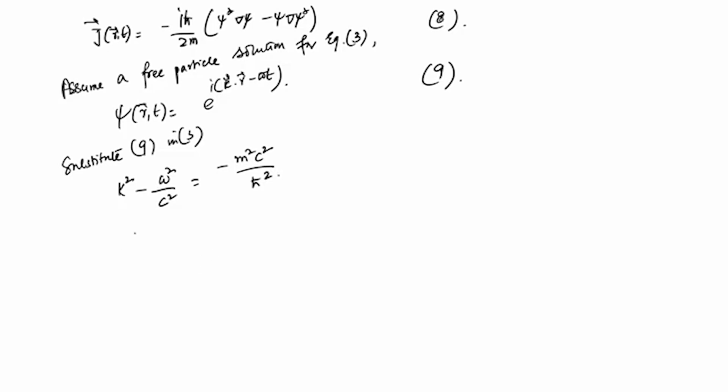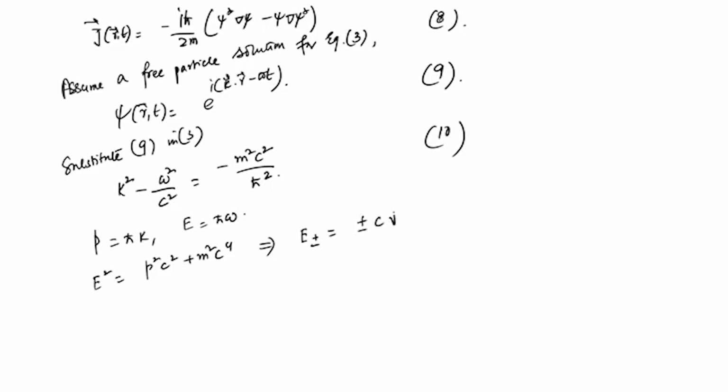Let us call this 10. If you identify p equal to h cross k and E equal to h cross omega, then E square becomes equal to p square c square plus m square c4, which gives two values of E, plus and minus: E equals plus or minus c times the square root of p square plus m square c square.